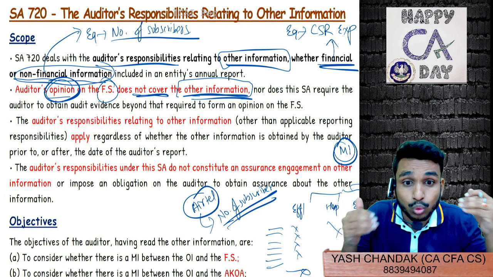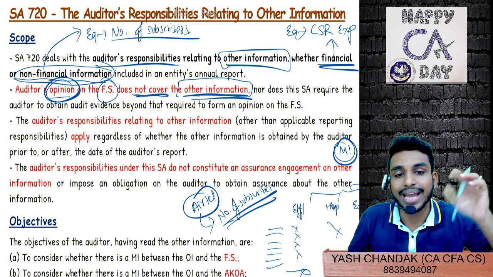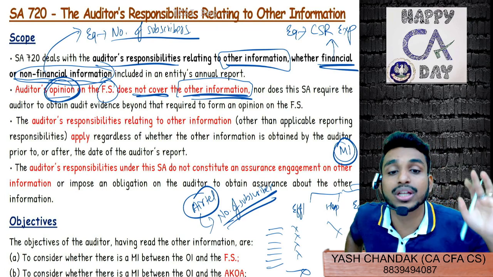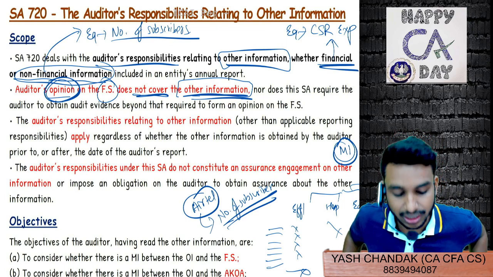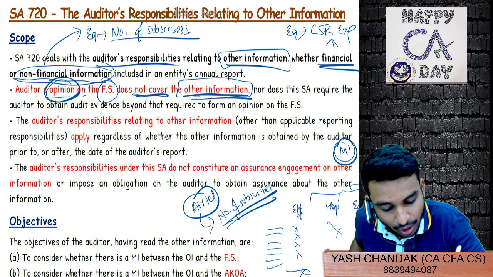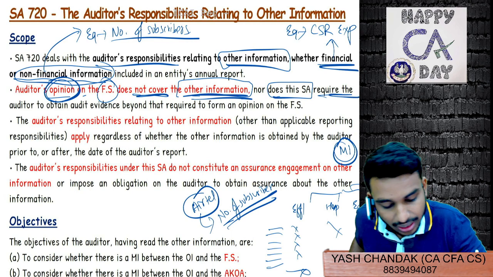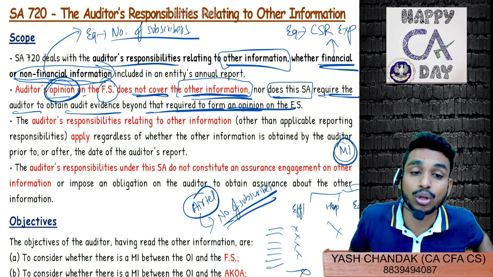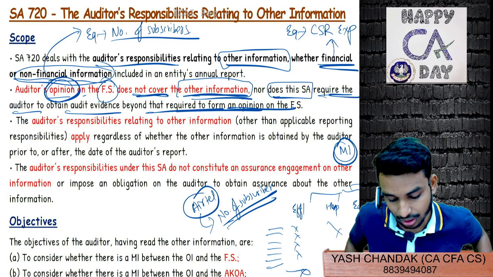You just have to read and understand, and if you can tally with FS, just do that. You don't have to give your opinion on other information, whether it is giving a true and fair view or not, right? So the auditor's opinion on FS does not cover other information, nor does this standard on auditing require the auditor to obtain audit evidence beyond what is required to form an opinion on the FS. So you have to form an opinion only on the financial statement, not on the other information.